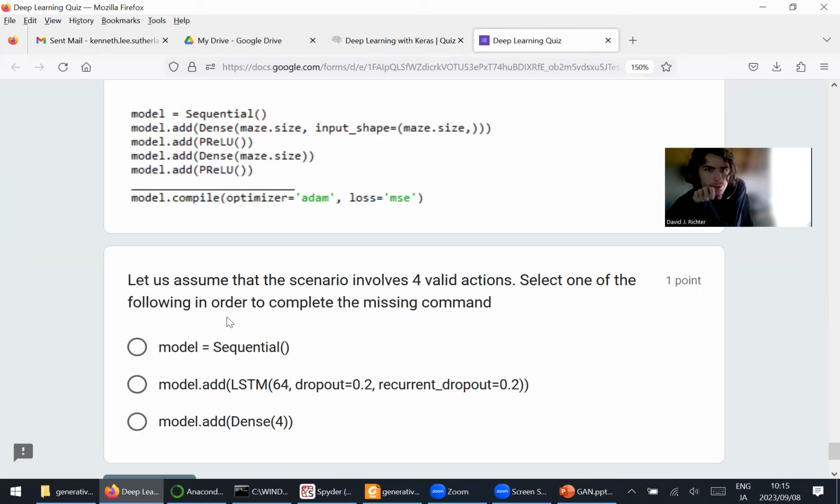Let's assume this, in order to complete the command. Okay, so the dense for sure. And I think LSTM makes no sense. It's got to be the last one because the output has to be the number of actions. Yeah, okay, that makes sense.